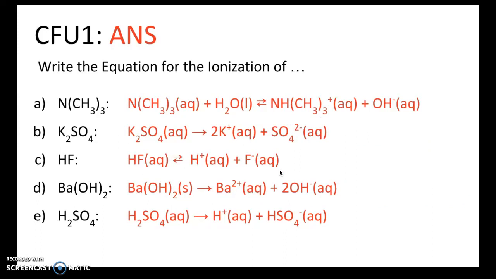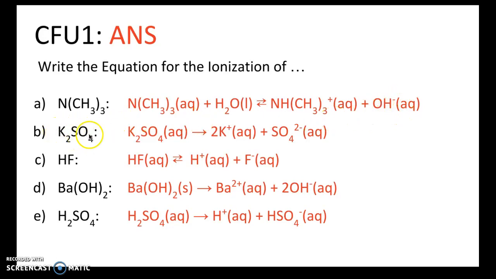Okay, so you can take a moment to check your answers. For the first one here, we have an amine, so this is a molecular covalent compound, so that's going to start off as aqueous, and it's going to react with water to form its ammonium salt and hydroxide.